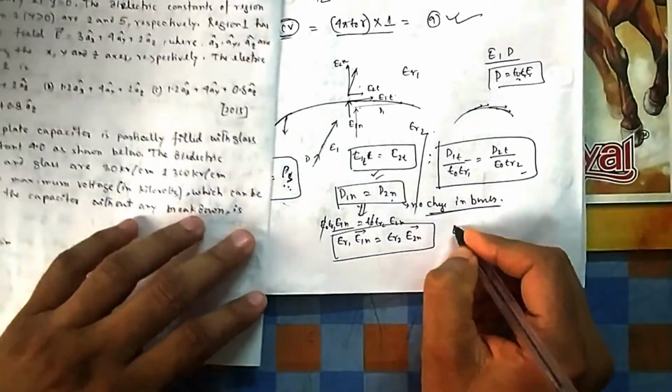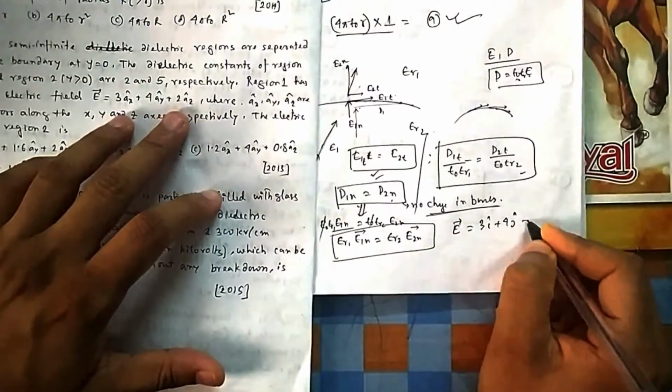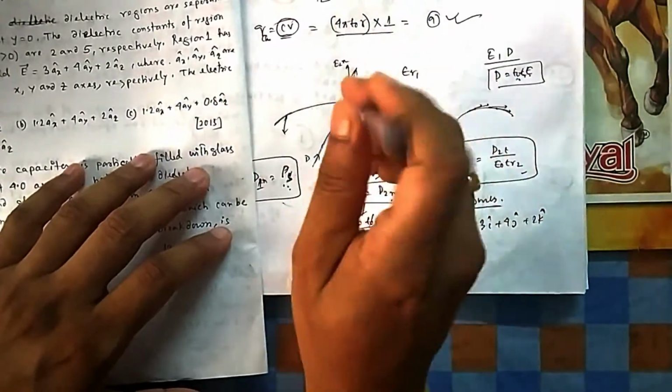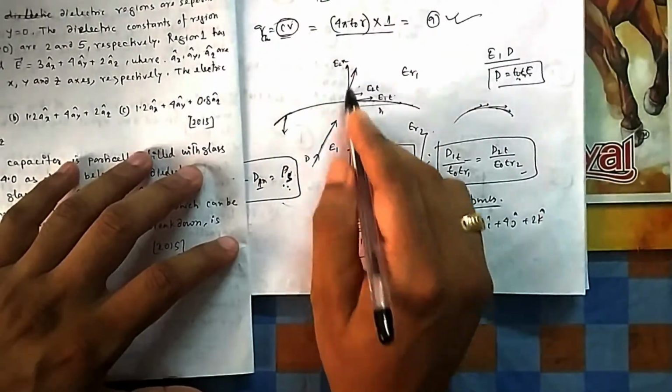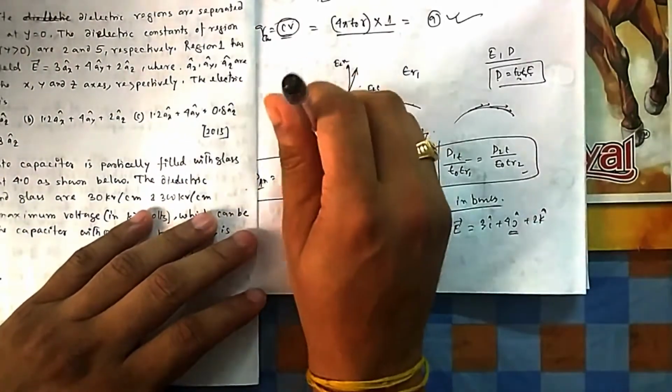If you see your E, they have given you 3i, I am writing ijk so it will be easy for you, 4j, 2k. So this E has two components, one along the xy plane and one normal to it. If you walk along the normal, then you are crossing the boundary. Here the normal is the y vector, because you are moving up and down in the y direction.